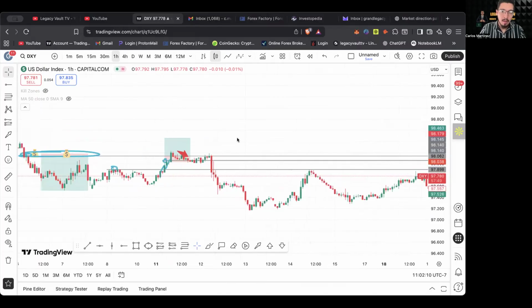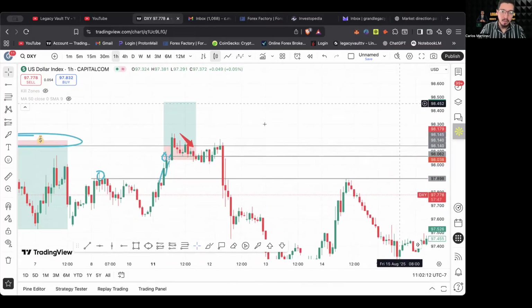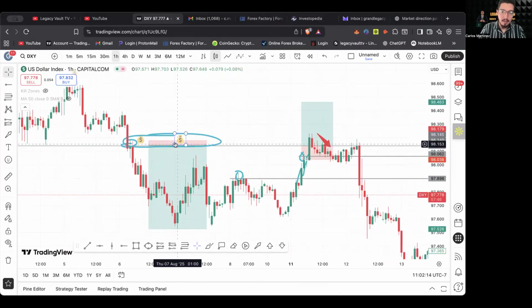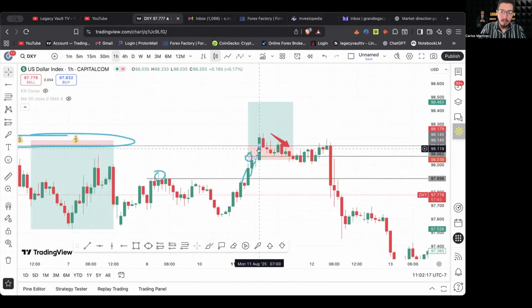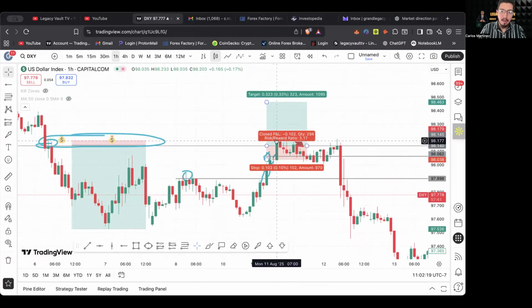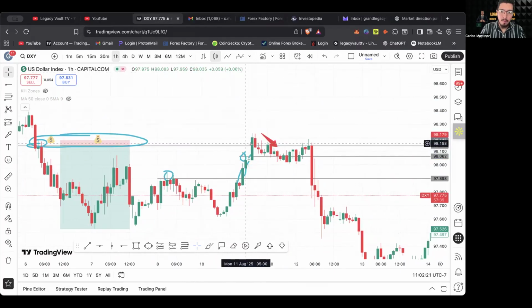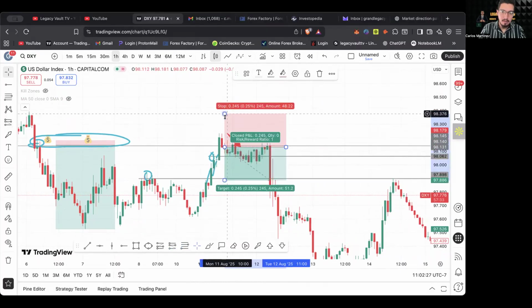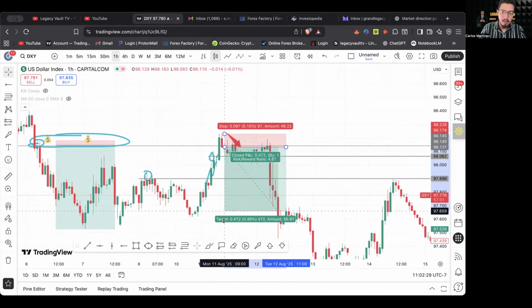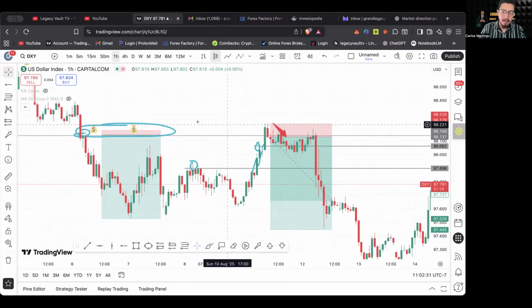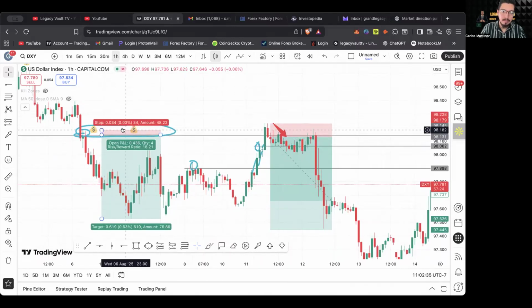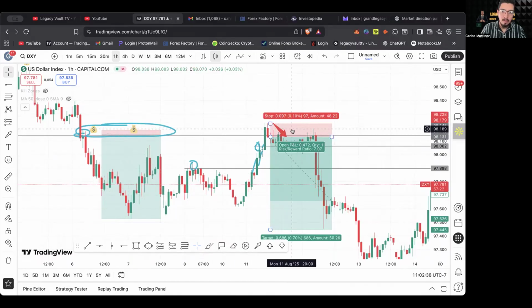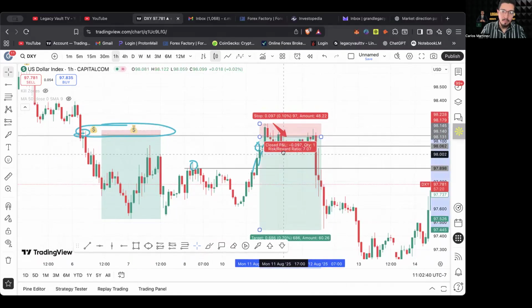So here, the big players saw an opportunity to liquidate these sells. So that is why they created this fake out. Instead of going for a buy, they went for another sell order, because they look for an opportunity to liquidate these sellers, and here for a potential entry for a sell.